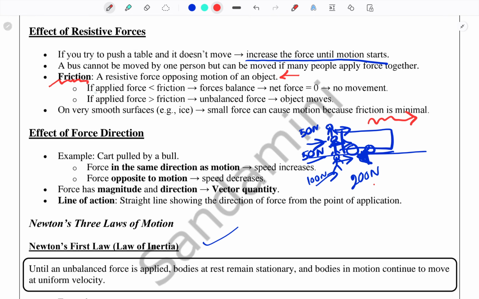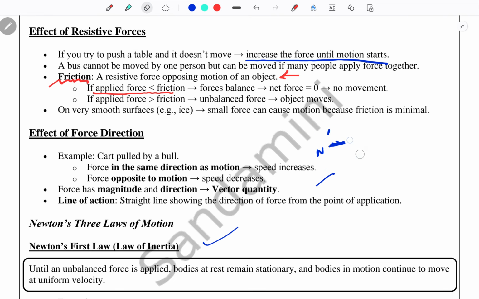If the applied force is less than friction, what happens? Friction කියන එක මේ resistant force එක වැඩි වෙනවා. Think this is the box, this is you. Okay. Then හිතමු this is the friction force and this is the force you are giving.